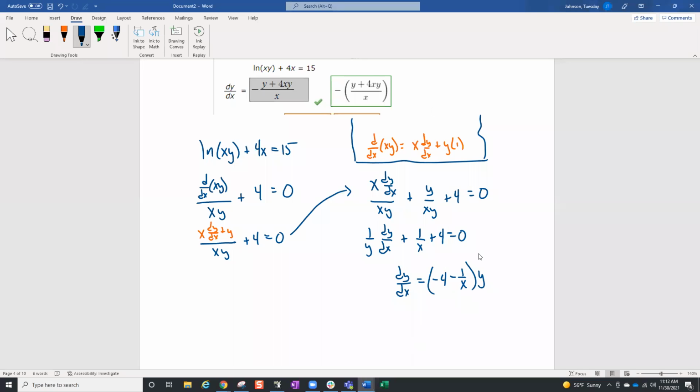And yes, there's a tighter way you could write this up. It's probably like a negative y times 4x plus 1 all over x, I think. Yeah, that'll work. But this is a fine answer. This is a great answer.